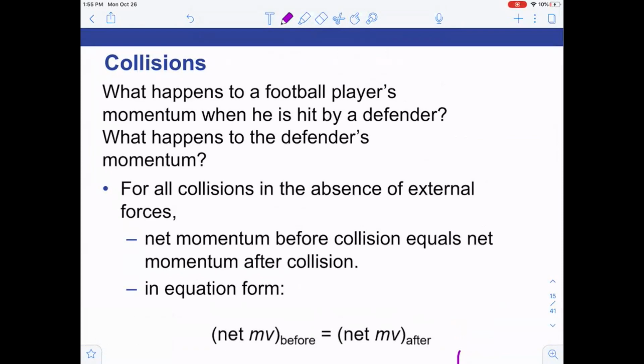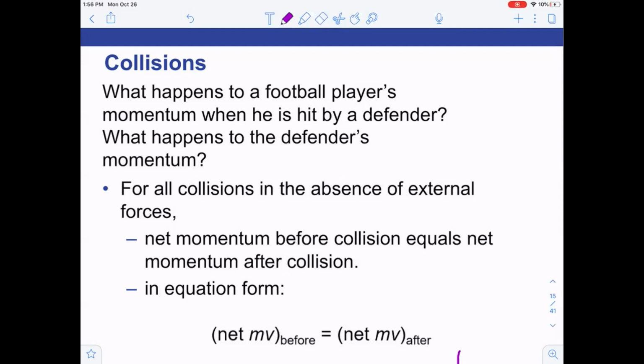All right. For all collisions in the absence of external forces, the net momentum before the collision equals the net momentum after the collision, okay? So if you don't have any friction or any external forces involved, you're going to have what's called conservation of momentum, where all the momentum, if you add it all up before a collision, is going to be equal to all the momentums added up after the collision.